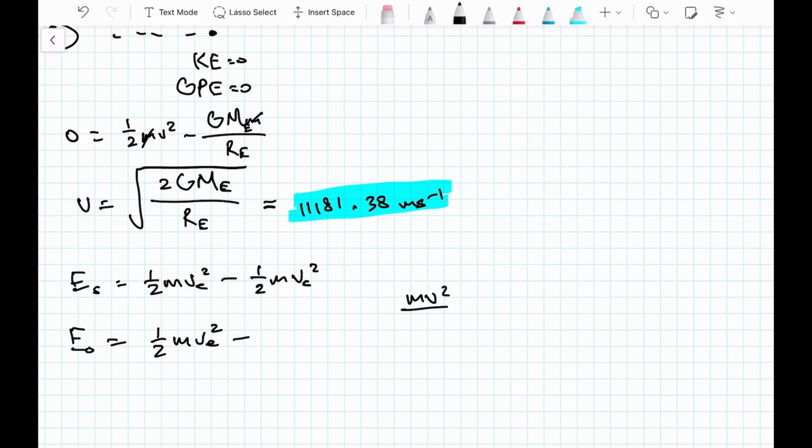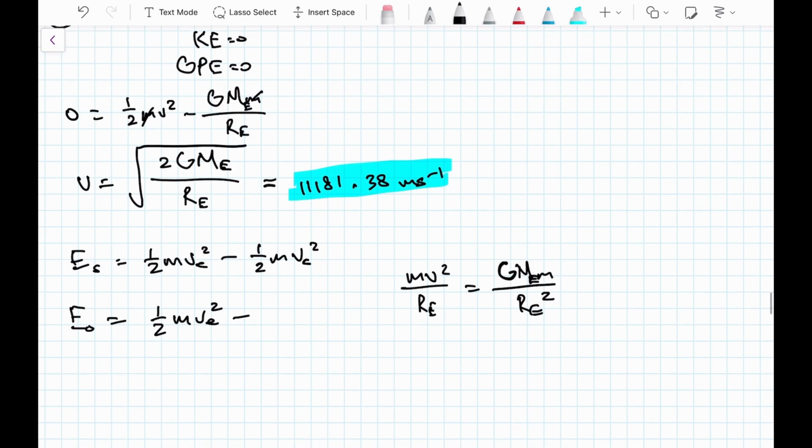So we have m v squared over r, close to the Earth's surface so r_E, equal to the gravitational force at that point, which is G M_E m over r_E squared. So a half m v squared is just G M_E m over r_E.